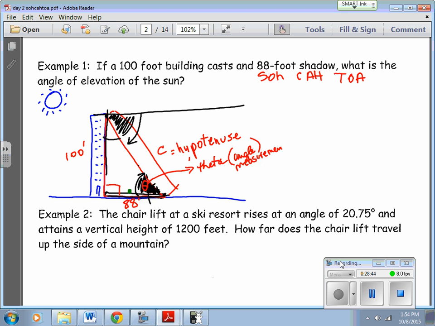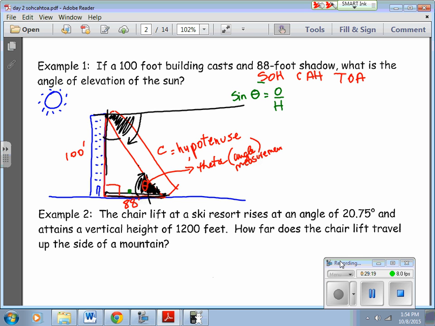The first one, the letter S represents the sine of an angle. And instead of an angle, we're going to use a letter called theta, which I've introduced to you already. That theta, remember, is supposed to represent the angle measurement. Sine of an angle is equal to O over H.